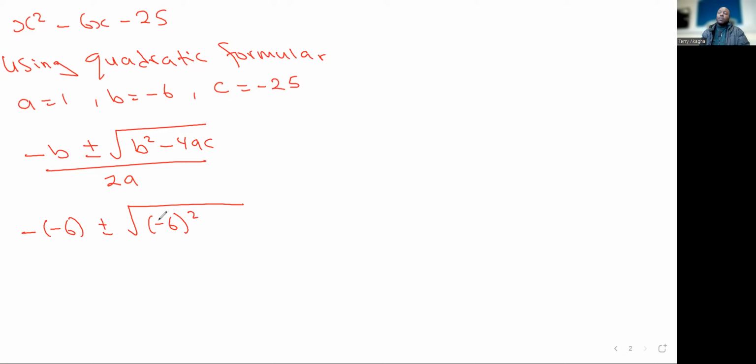Squared. Please, when you're pressing this in your calculator, you have to make sure the bracket is there. When you're pressing your calculator, you don't write it without brackets, because the calculator is going to put in minus 1 times 6 squared and will give you minus 36. So this is wrong. When you want to put it in your calculator, it has to be in brackets, so it's minus 6 squared.